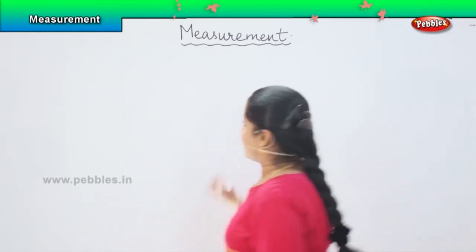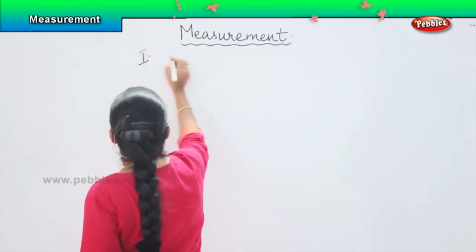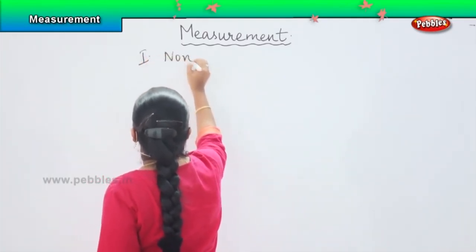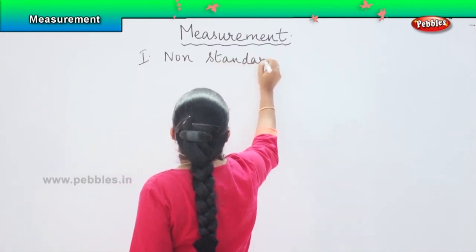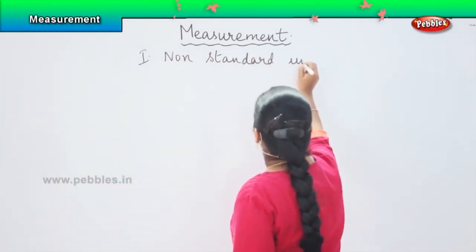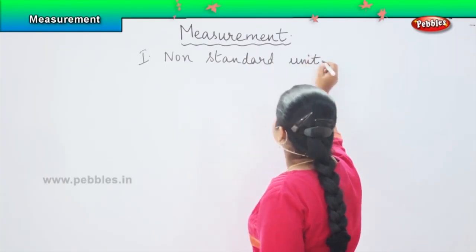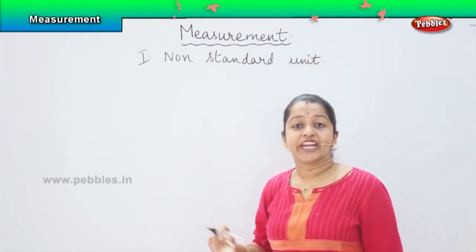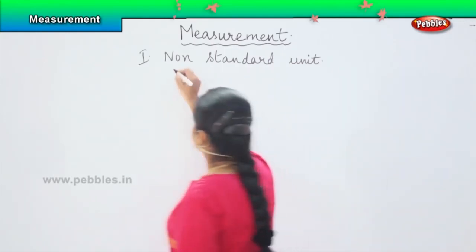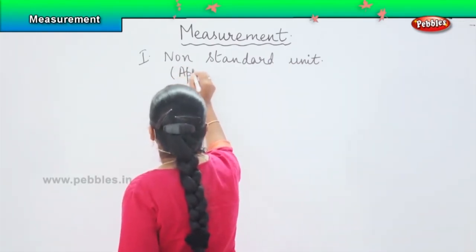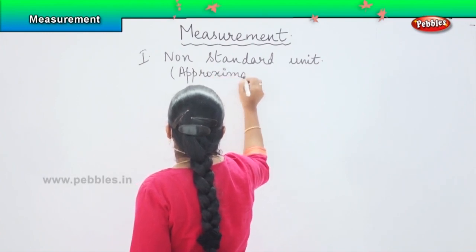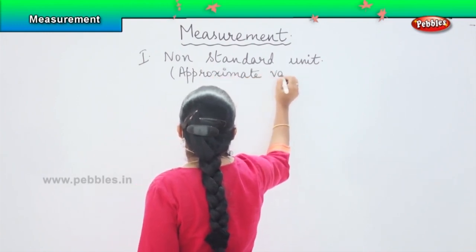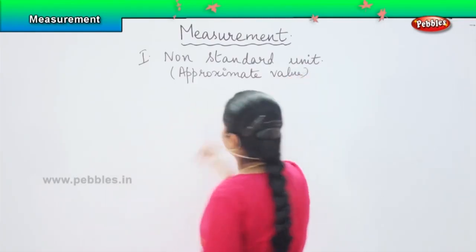So the first one is the non-standard unit, which means that you cannot use these values when you have to find an exact answer. They will only give us an approximate value.